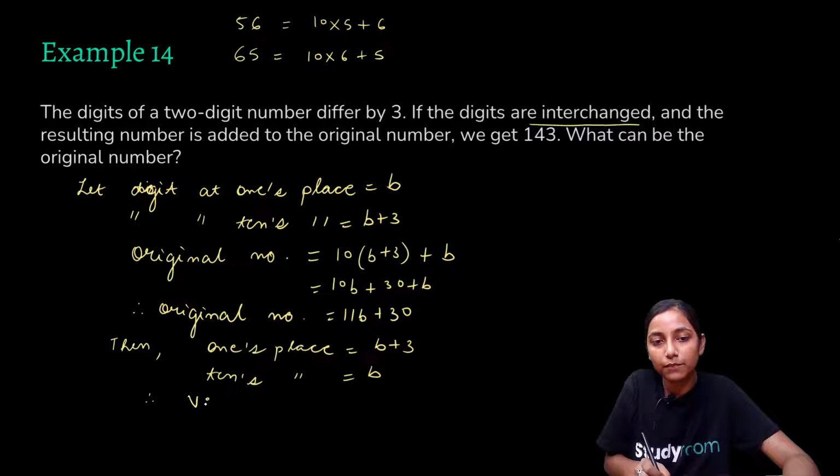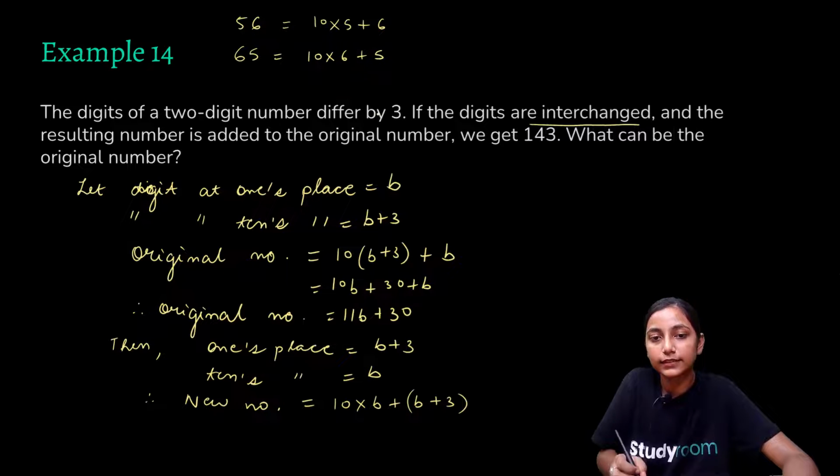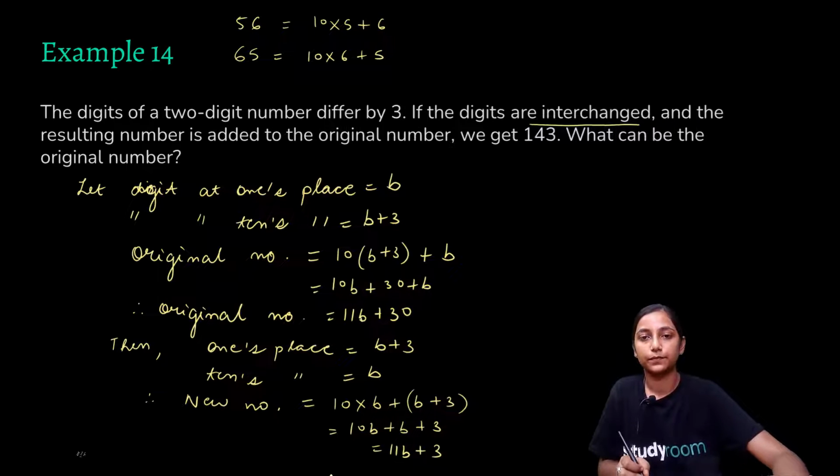Therefore, our new two-digit number is going to be 10 into b plus b plus 3. This is going to be 10b plus b plus 3, that is 11b plus 3.